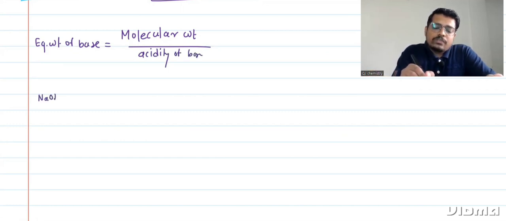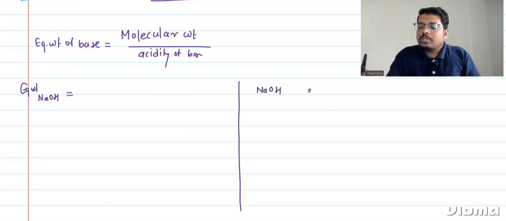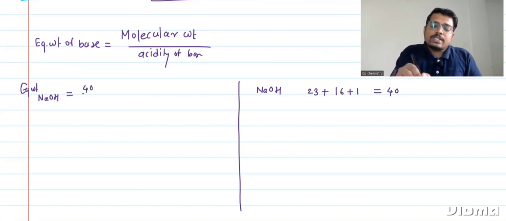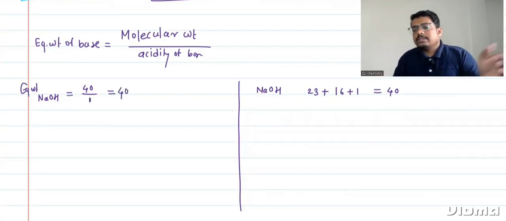NaOH: equivalent weight of NaOH, its molecular weight. Sodium, we know that sodium atomic mass is 23, oxygen 16 plus hydrogen is equal to 1. So its molar mass becomes 40, and its acidity is equal to only 1. So equivalent weight of sodium hydroxide is the same as its molecular weight.